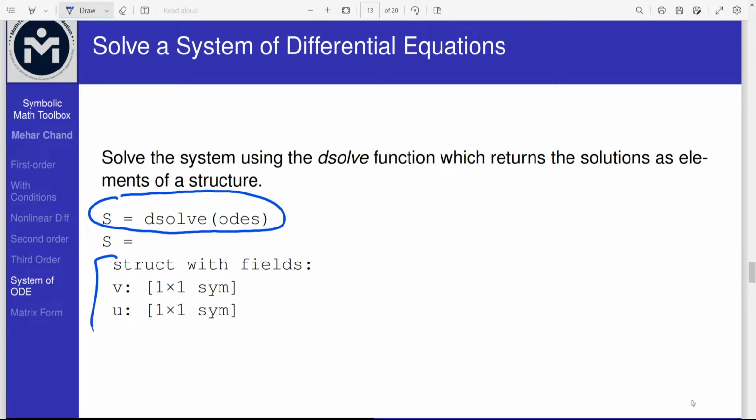So this is the solution of the above system of equations, but in the form of a structure. To extract the solution for u and v, we need some more statements. See here.